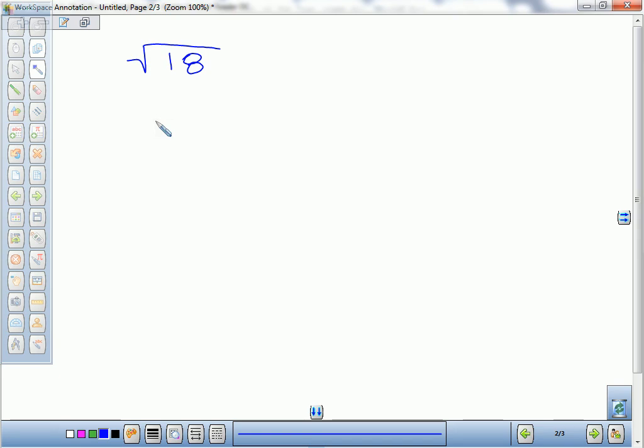Because it's positive. If it's positive, it will not be imaginary. So these are the numbers where you have to think of the largest perfect square that divides into it. 4 doesn't go in. 9 does. Okay, so we would break up 18 into 9 times 2.